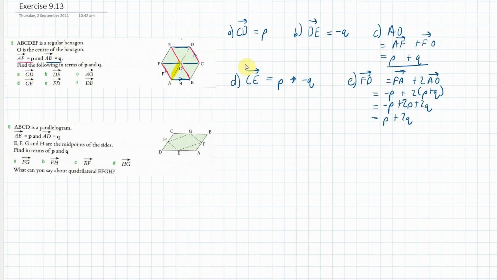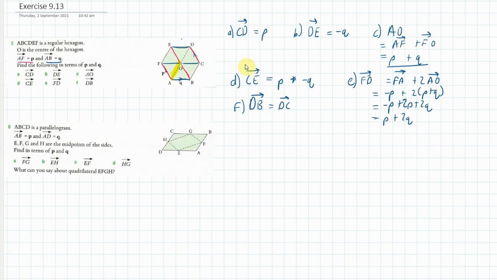Now F is my last one that I want to do here. F is DB. How am I going to get from D to B? I could go DC. There's heaps of different ways.